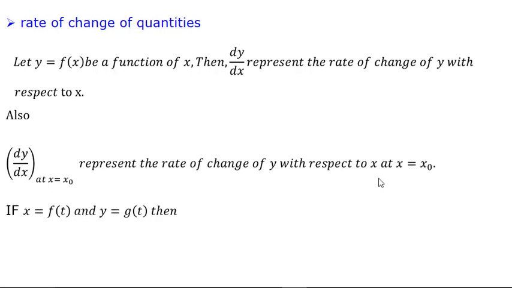Now if x is f(t) and y is g(t), that means x and y are two different functions of t, then by chain rule we can find dy/dx. That means in that case also we can find the rate of change of y with respect to x, and that will be given as dy/dt whole divided by dx/dt.